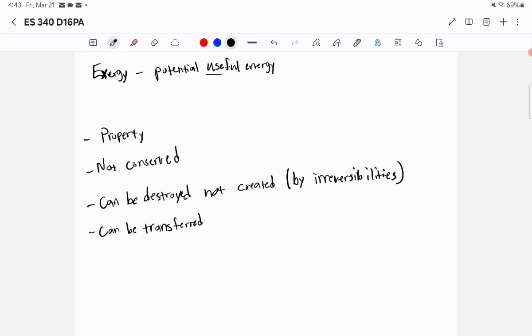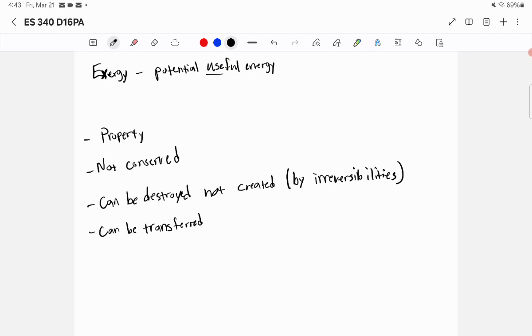Okay, it's not conserved. So in this case, it's kind of similar to entropy, right? We know that energy is conserved, at least when we're dealing with non-relativistic speeds, where you can't have mass changing back and forth into energy, which is the systems that we've been studying.